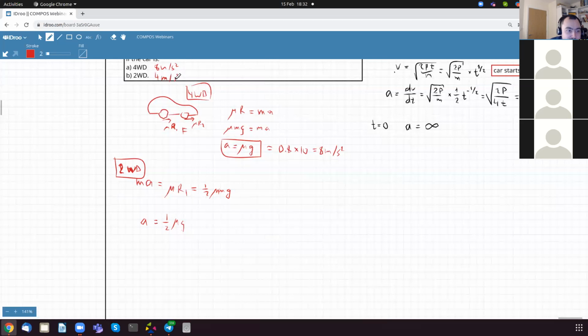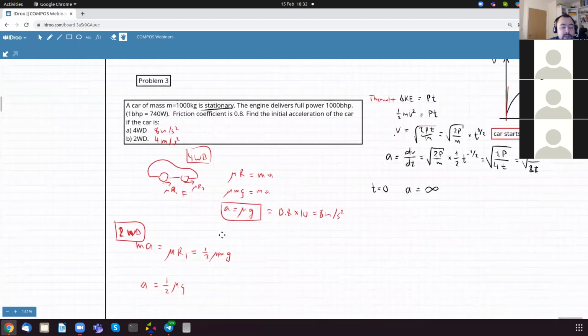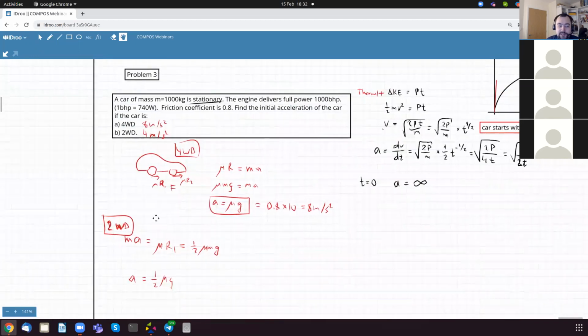I mean, it is a somewhat sneaky problem, but there's loads of stuff to think about. You can't accelerate infinitely fast. So if you try to deliver that much power to the wheels, it just won't accelerate the way you want. All cars are limited.